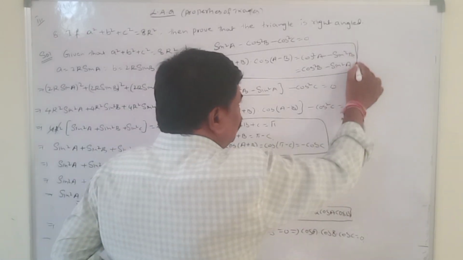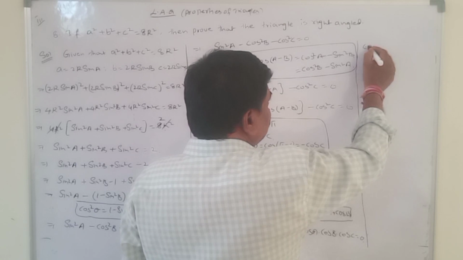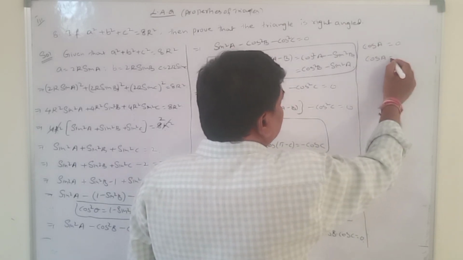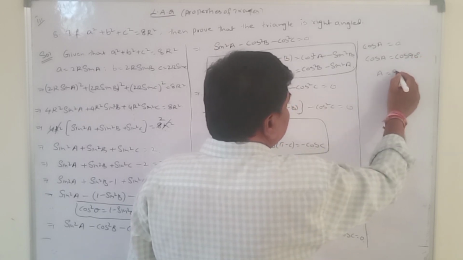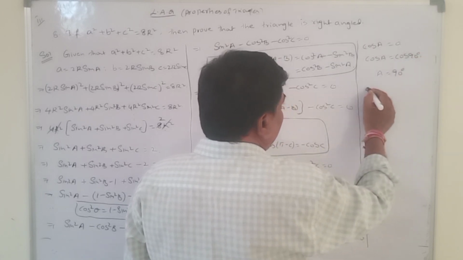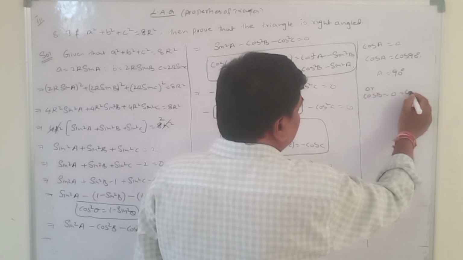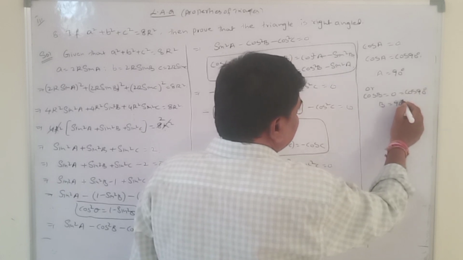Then we can write cos a is equal to 0, cos a is equal to cos 90 degrees, so A is equal to 90 degrees. Or cos b is equal to 0 is equal to cos 90 degrees, so B is equal to 90 degrees.